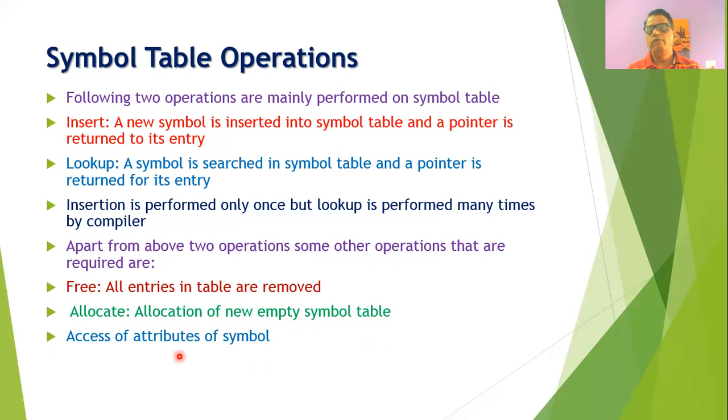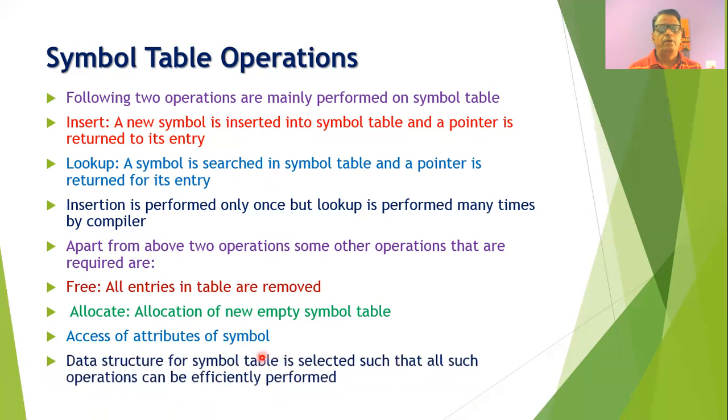So whenever we decide the type of the data structure to be used for the symbol table, it will be decided upon what type of operations are frequently needed on the symbol table. So the data structure for the symbol table is selected such that these operations can be performed in a very efficient manner.